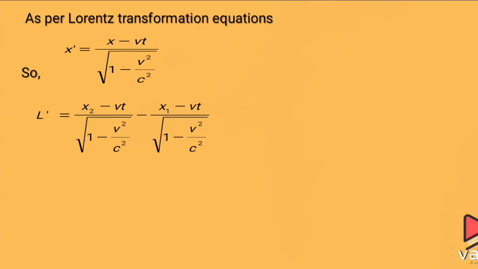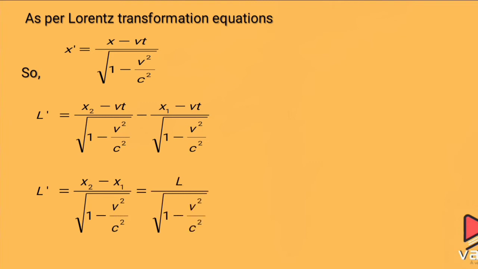we know L prime is actually the length of the rod with respect to the S prime frame. So we can write x2 minus vt over the square root of 1 minus v squared over c squared, minus x1 minus vt over the square root of 1 minus v squared over c squared. Now we may write L prime equals x2 minus x1 over the square root of 1 minus v squared over c squared, which equals L over the square root of 1 minus v squared over c squared.